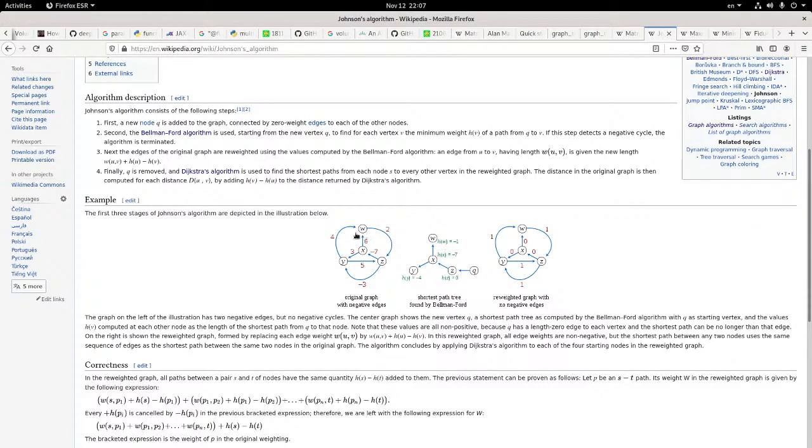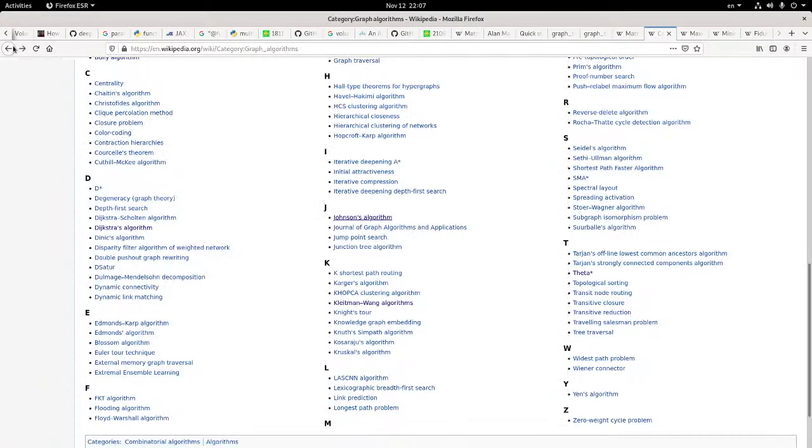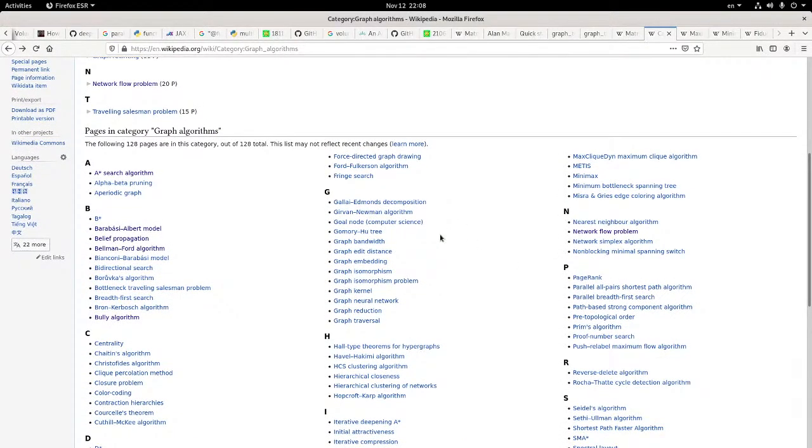Original graph with negative edges. A shortest path routing. Yeah, I don't know. Yeah, I mean, okay.